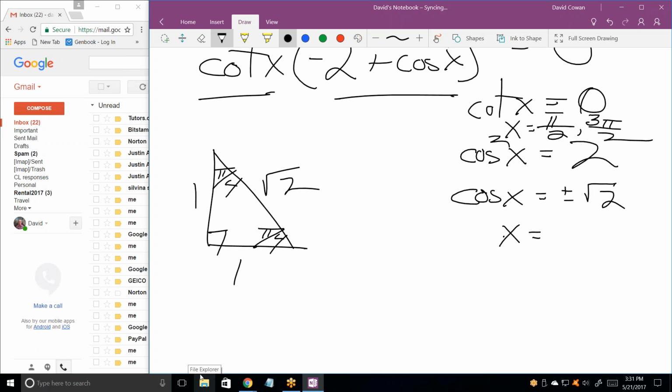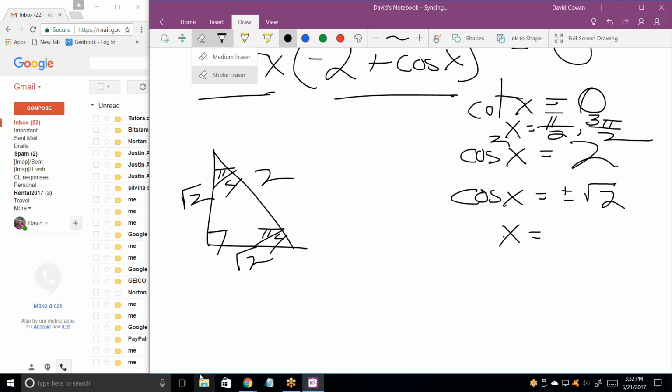That's 1 over root 2. Are you supposed to solve these without a calculator, or does it say? It doesn't say. Because the other way I can draw this triangle is root 2, and 2. And that makes things a little easier. Now we're wondering where the cosine of x is root 2 over 1.